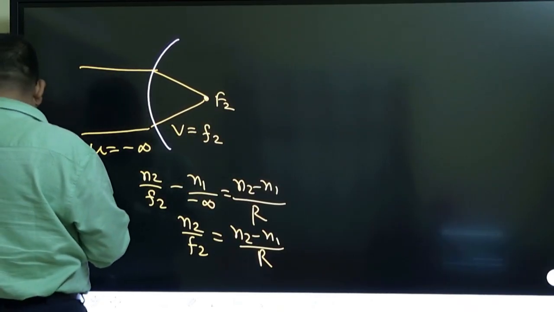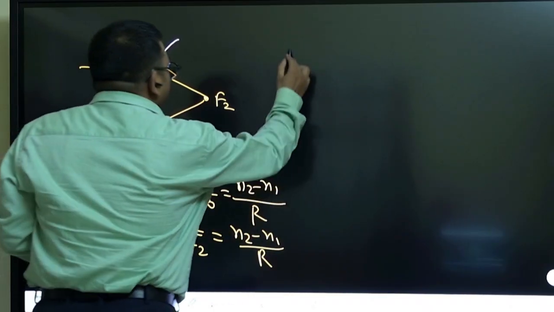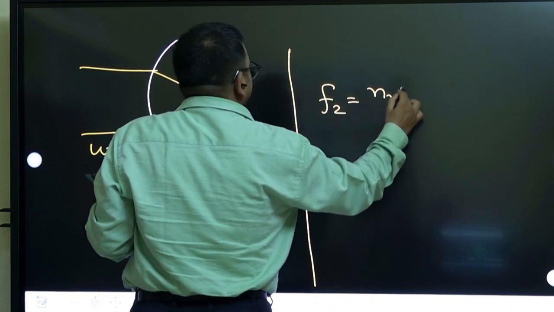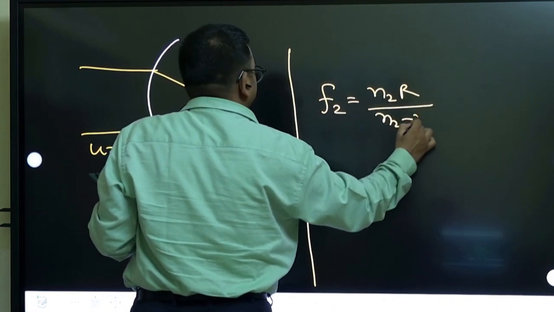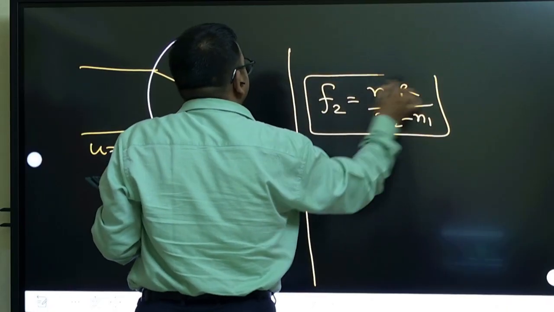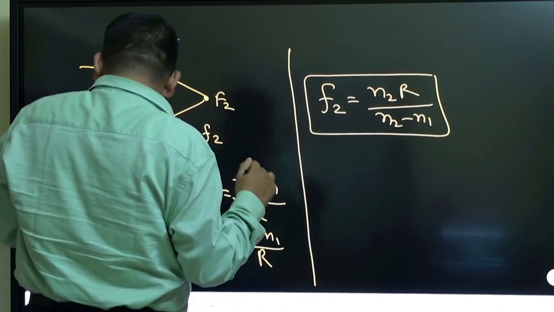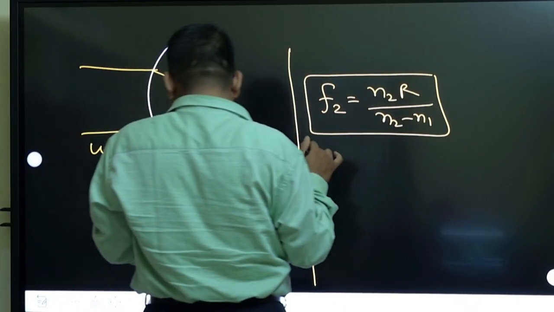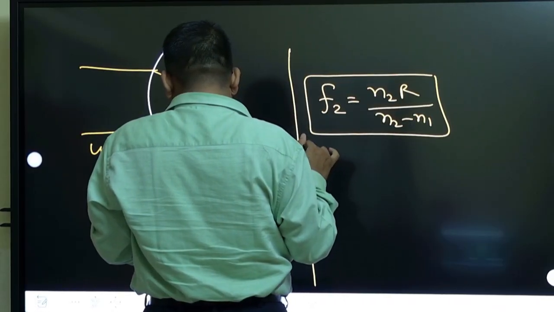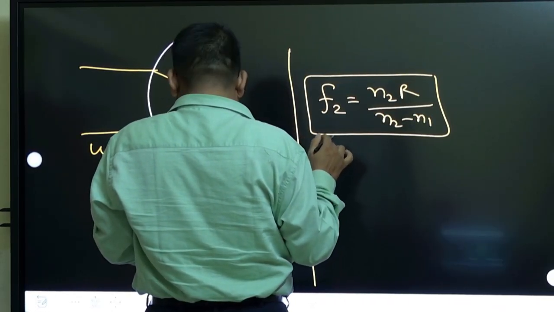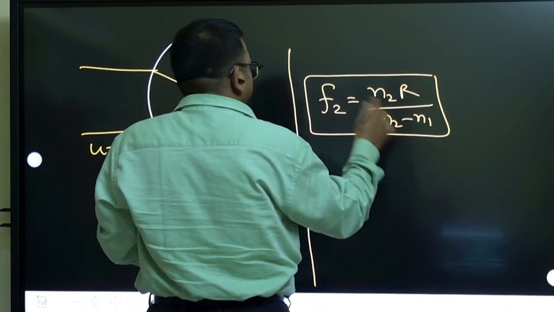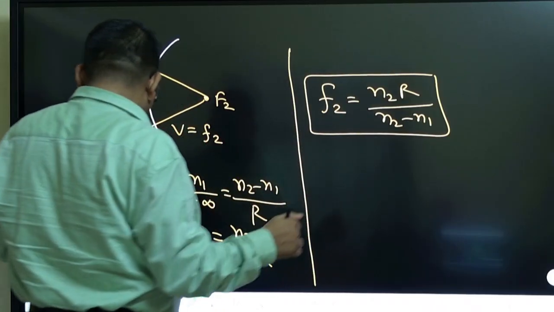From here we can calculate f2. F2 can be calculated as n2 into r by n2 minus n1. This is how f2 is calculated. How do you calculate power? So the power is defined as 1 by this, n2 minus n1 by r, that is different.